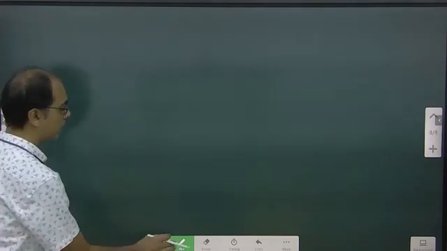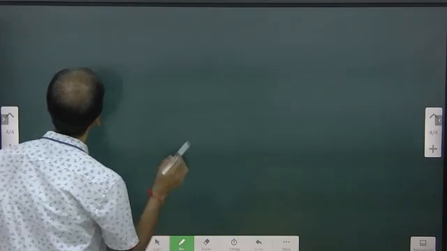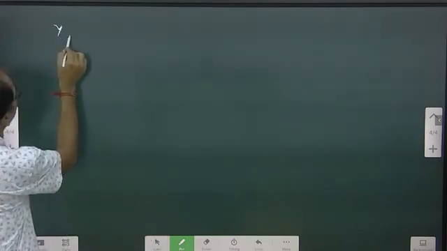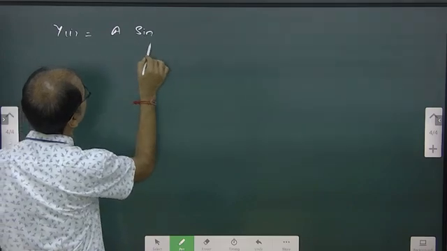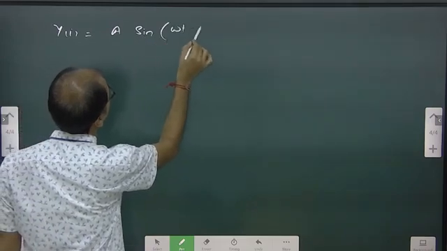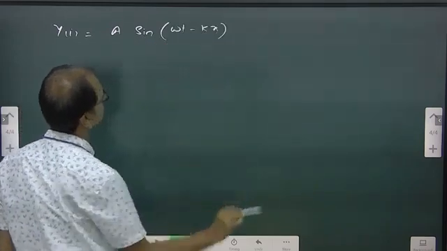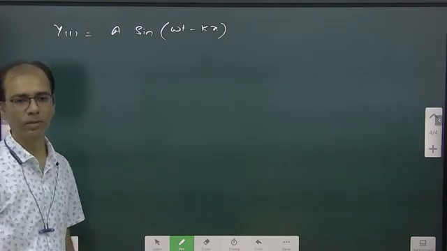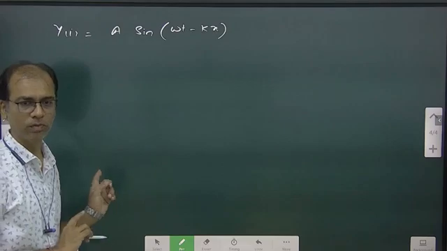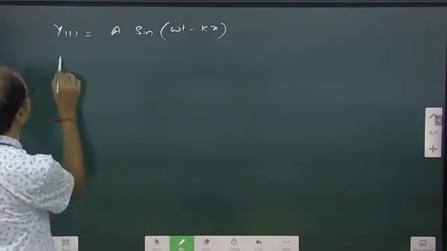Suppose that incident wave equation I am writing as A sin(omega t minus kx). Suppose this is the incident wave. Then reflected wave equation will be what? Reflection through fixed end. What will that be?